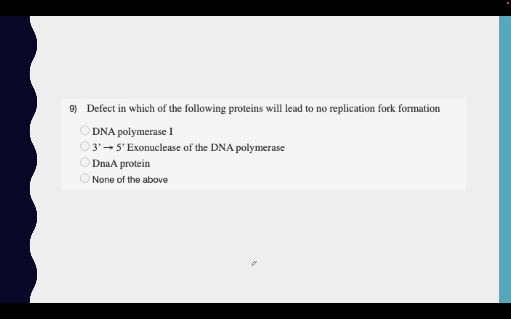What is the function of DNA polymerase 1? It has this 5' to 3' exonuclease activity, and it removes the RNA primers, right? It also has 3' to 5' exonuclease activity. So in replication fork formation, which of the following enzymes is there?